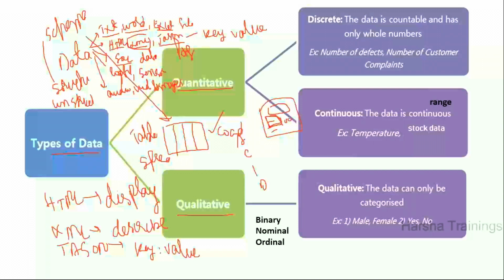Unstructured, because I will put one image and write one caption, and actually there may not be any relation between the image and the caption. So this is one type of classification.